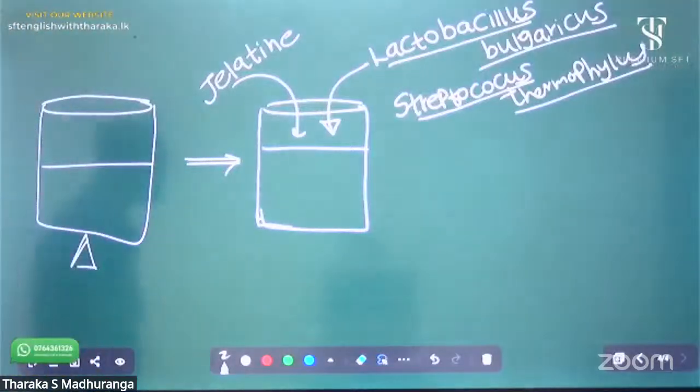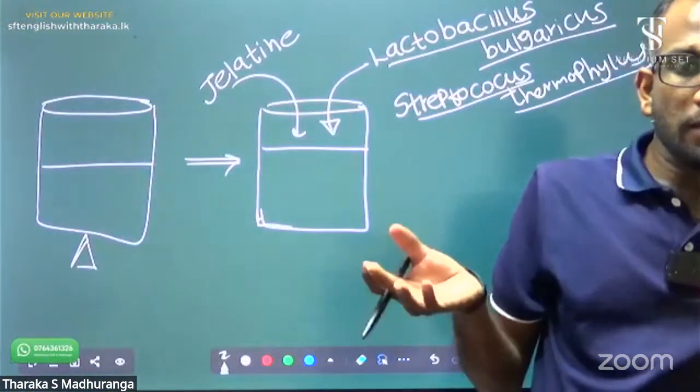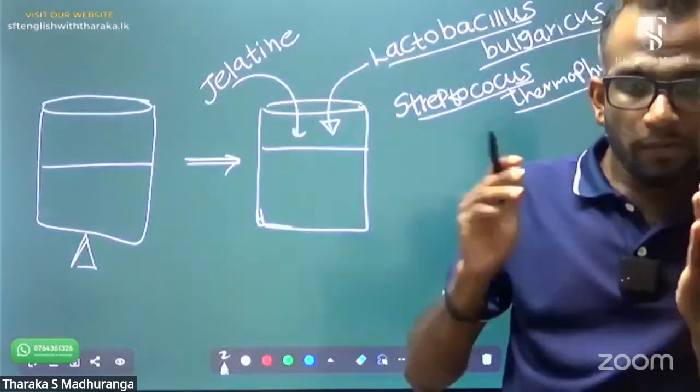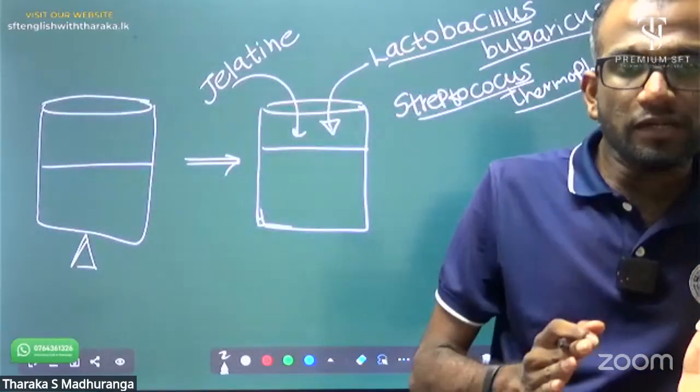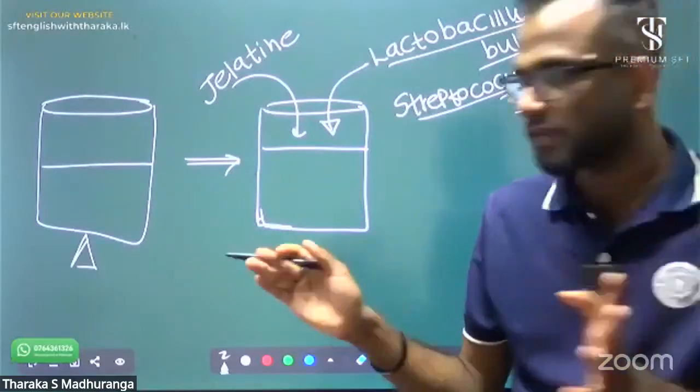Lactobacillus bulgaricus and Streptococcus thermophilus are the microorganisms involved in converting the lactose sugar in fresh milk into lactic acid, the same process as curd, right?